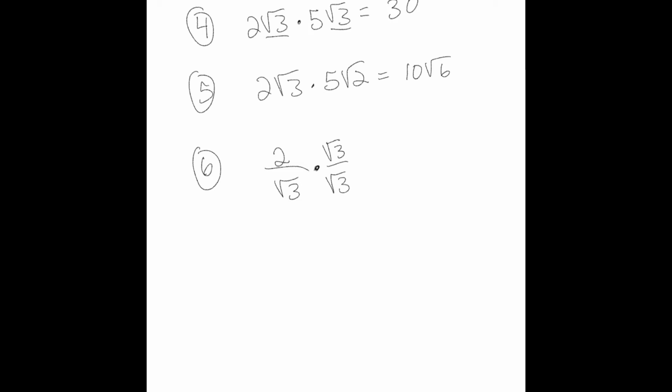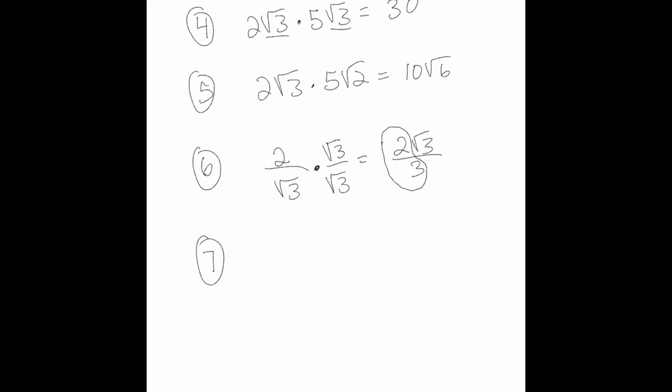So you're basically multiplying 2 over root 3 times 1, because root 3 divided by root 3 is 1. But you're getting rid of the square root on the bottom. So we multiply straight across. 2 times root 3 is 2 root 3. And root 3 times root 3 is 3. So this would be simplified. And you always want to check this fraction right here and make sure that it does not simplify any further. 2/3 is simplified as far as it'll go.